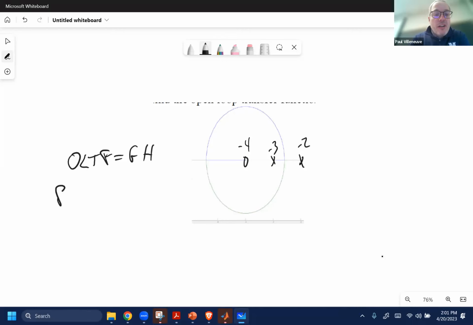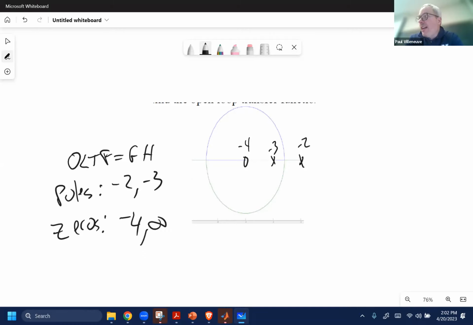These are starting points for my open loop transfer function, -2, -3. And we end at our zeros, -4. And we know that the number of poles has to be the same as the number of zeros. So we know that we have to have 1 zero at s equals infinity. But we're not going to put that in our transfer function. We're just trying to say we start at a pole and end at a zero.